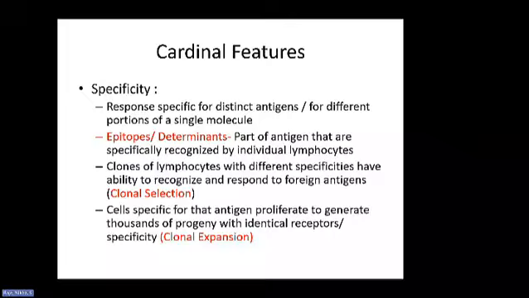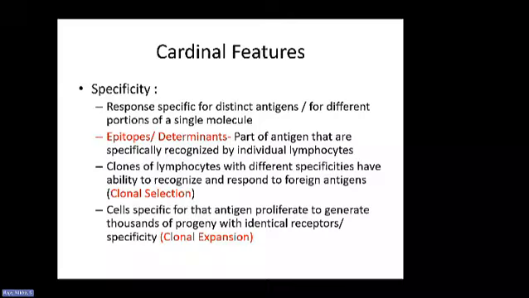When that clone comes across its particular antigen, it gets selected. That's called clonal selection. The cells specific for that antigen then proliferate to generate thousands of progeny, thousands of lymphocytes with identical receptors and identical specificity. That phenomenon is called clonal expansion.